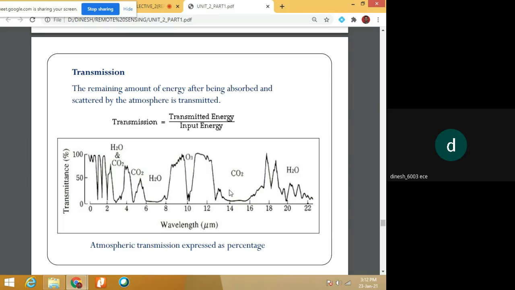At 3 micrometers, water and carbon dioxide. At 5, carbon dioxide. At 7 micrometers, water. At 10 micrometers, ozone. At 15 micrometers, carbon dioxide. At 21 micrometers, water. So depending upon the requirement, you can choose which wavelength to opt for in your application.